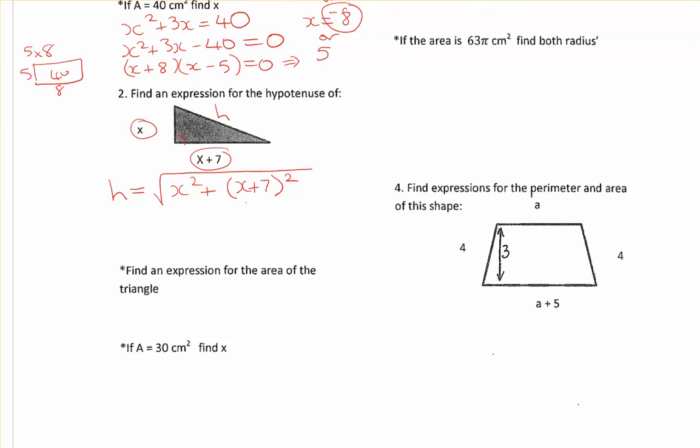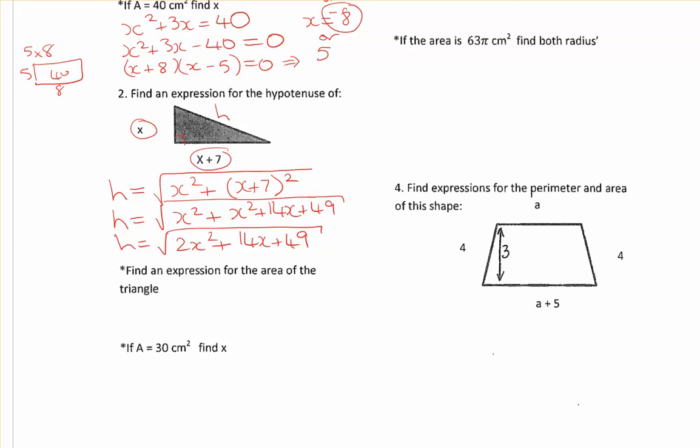We could leave it like that, but we could also show off some expanding of that with the quadratic. x squared plus, now if we square that, remember we need the middle term, 14x plus 49, and tidying that up we get 2 lots of x squared plus 14x plus 49, and whatever like that. So any of those would be acceptable.